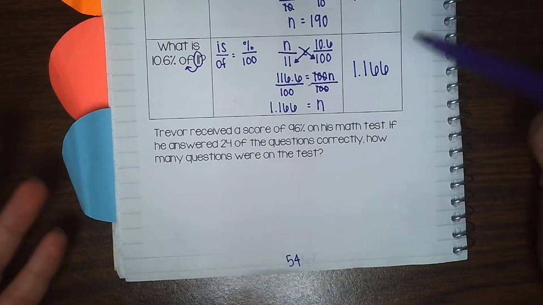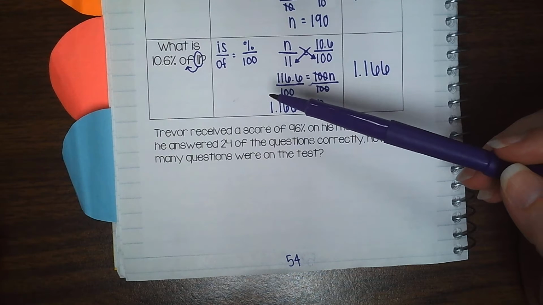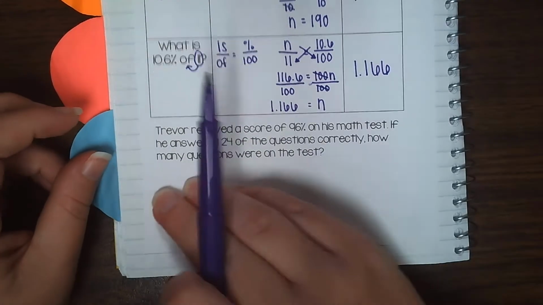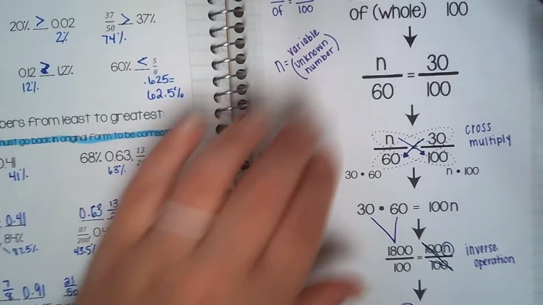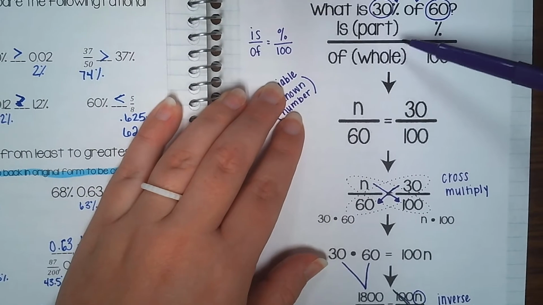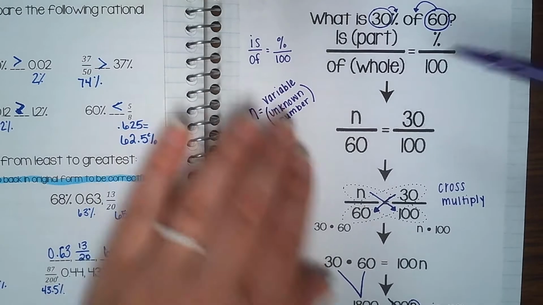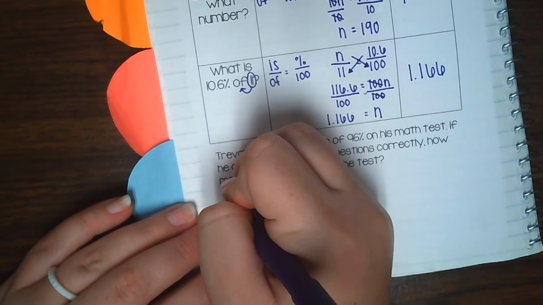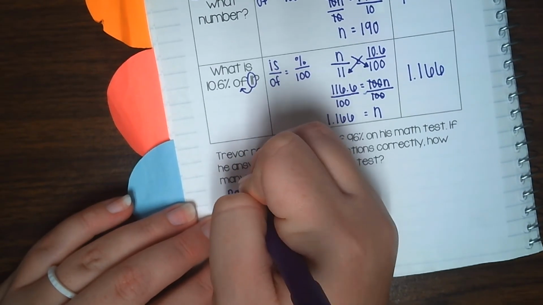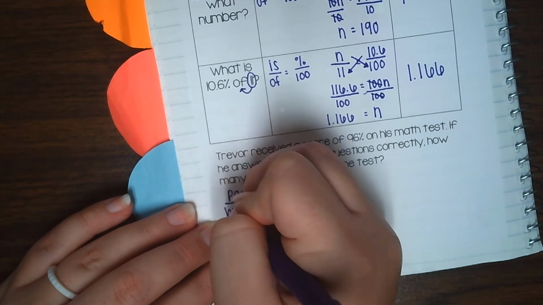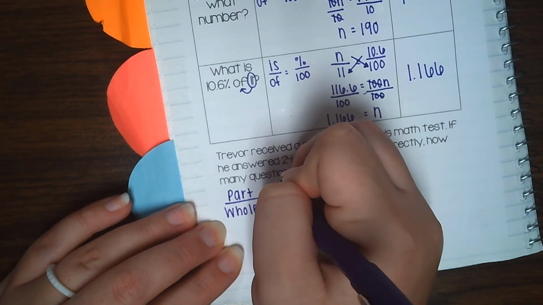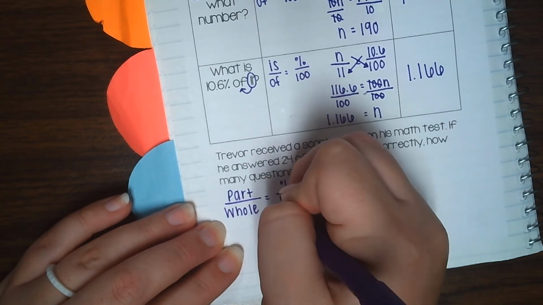Okay, so we were talking about is over of equals percent over 100. But we said when we did word problems, we would focus on part over whole equals percent over 100. So anytime you have a word problem, it's part over whole equals percent over 100.